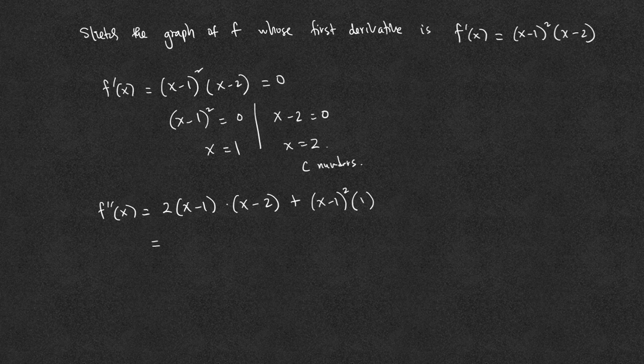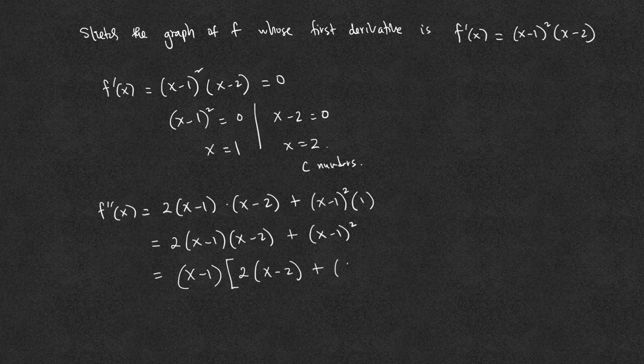And then we simplify this. This is 2 times (x minus 1) times (x minus 2) plus (x minus 1) squared, and we factor out x minus 1. In the first term, we still have 2 times (x minus 2), and in the second term, we have x minus 1 left.